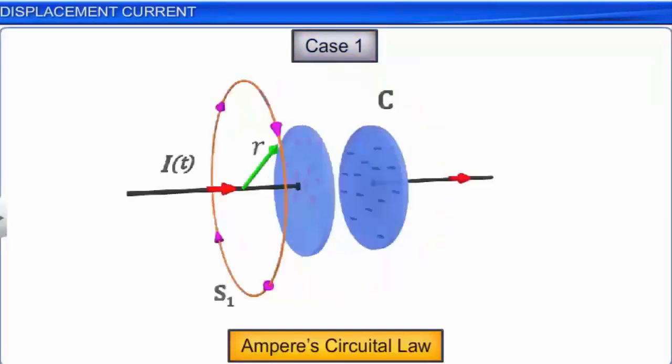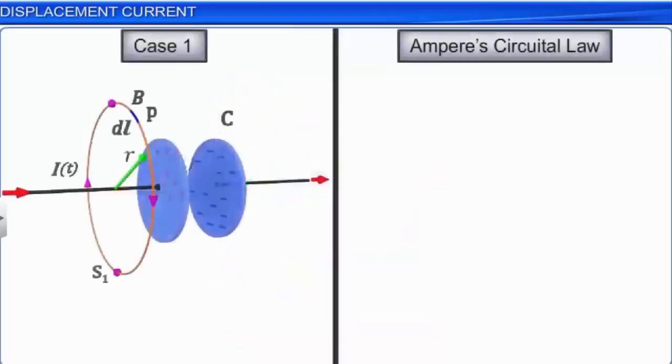Consider a small element dl at a point P on the circumference of the circle. Let B be the magnetic induction at the point P. From Ampere's circuital law, the integral over the closed loop of B dot dl is equal to mu naught IT.